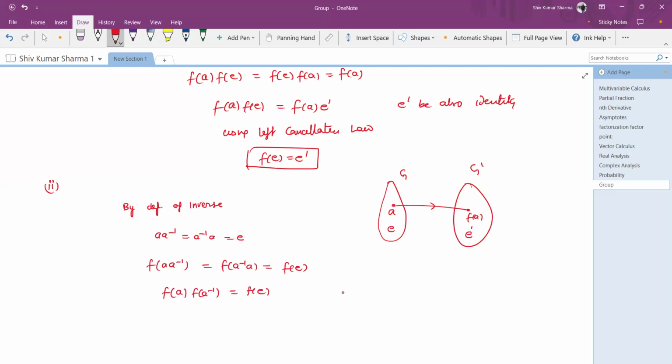What is f(E)? By using the first part, f(E) is equal to E dash.